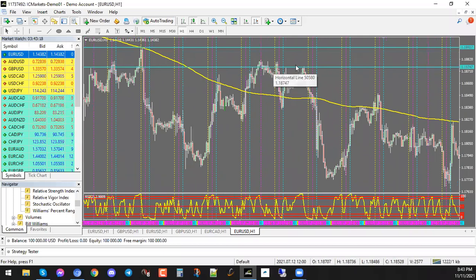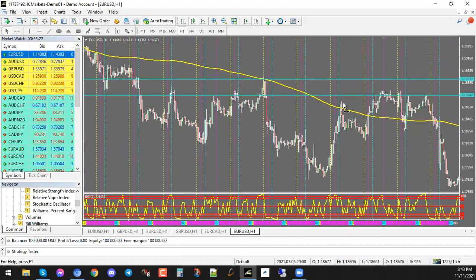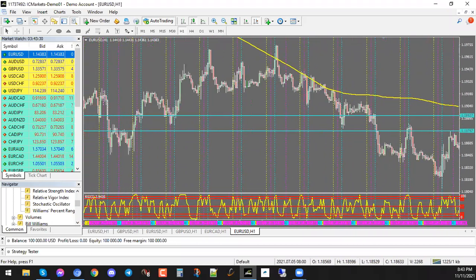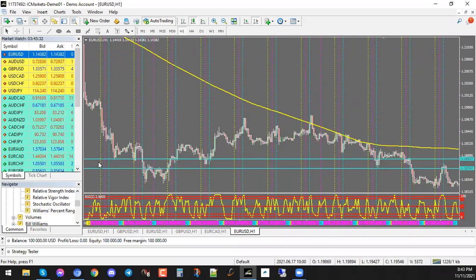Look at that. You see how that area is basically being respected in the past? Very, very strong area. Very strong. So you can see that this indeed was an area of interest. If you're looking at traditional support and resistance, then you can see that this indeed was an area of interest. Okay.